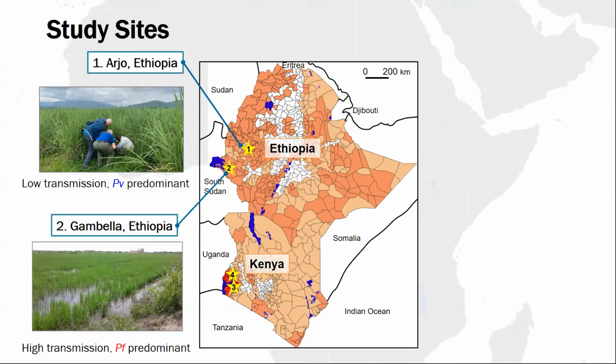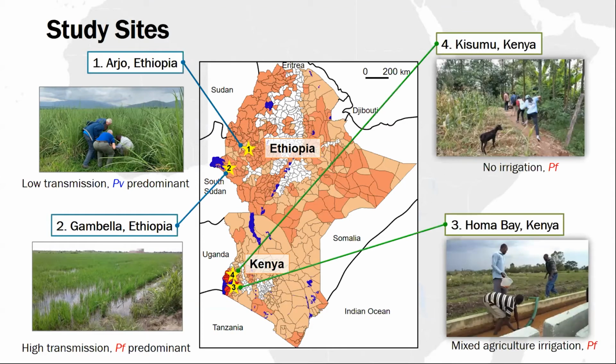In Kenya, the Homa Bay site is a mixed crop site, whereas the Kisumu site has no irrigation. We used multiple eco-epidemiological settings to test the generalizability of the study findings, and also to address challenges unique to each study country.